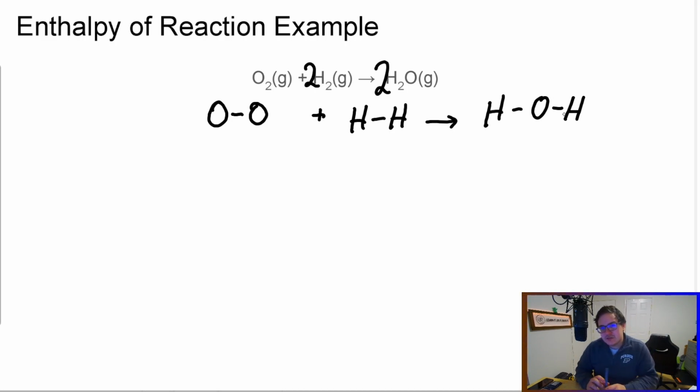Now, here's where some old school stuff is going to sneak in, because we have to draw the Lewis diagrams for these molecules. If you need a refresher, maybe look back in your notes, but I'm very quickly going to draw the Lewis diagrams for these molecules.